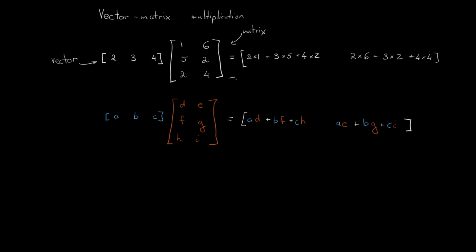Okay, and we can actually compute what these are equal to in this specific case. So this first one is 2 plus 15 plus 8. So that's, I think, 25. And then for the second element, we're going to have 12 plus 6, which is 18, plus 16, which is 34. So what we get is essentially a row vector with 2 elements.